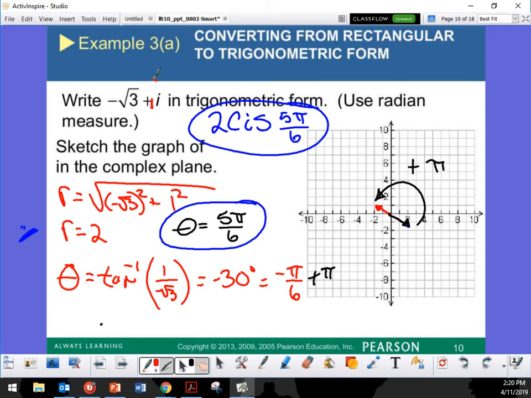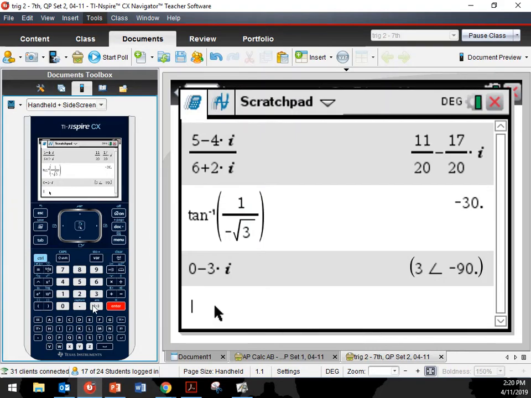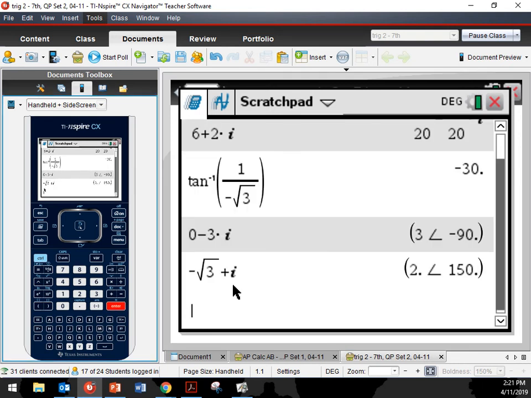Now, my numbers are right here. Negative radical 3 plus I. So I get 2, which is the radius. This angle is abbreviating for my CIS, so my angle is 150.